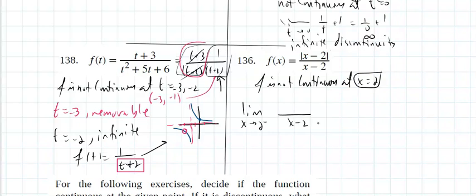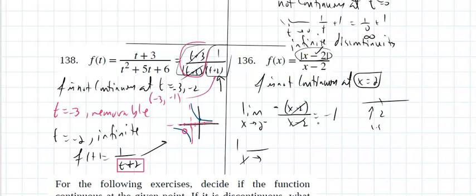The top, if the inside is positive, I don't need the absolute value. If the inside is negative, that will be minus x minus 2. If you pick a point to the left of 2, say you pick 1.9, 1.9 minus 2 is negative. So to drop the absolute value symbol, you must put a minus in front of it. And that limit is negative 1.